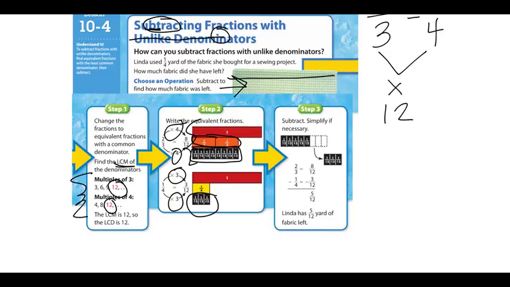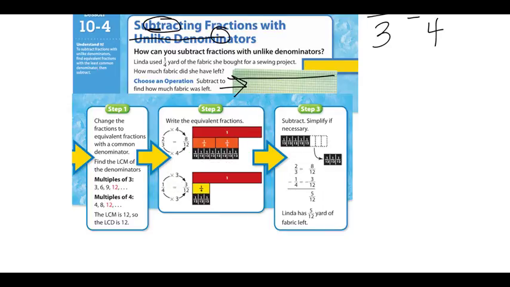So basically you've got your 8/12, and they just took away or crossed out the 3/12, which is what they did right here, to get 5/12. So we know she has 5/12 yard of fabric left.